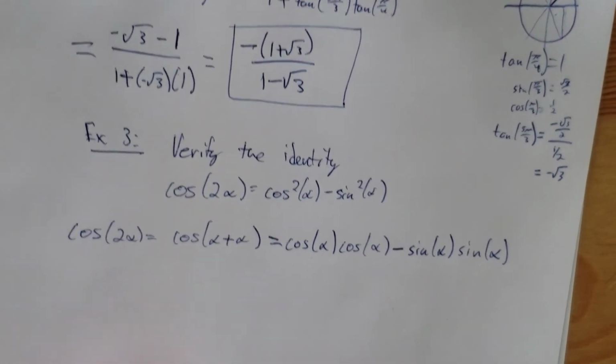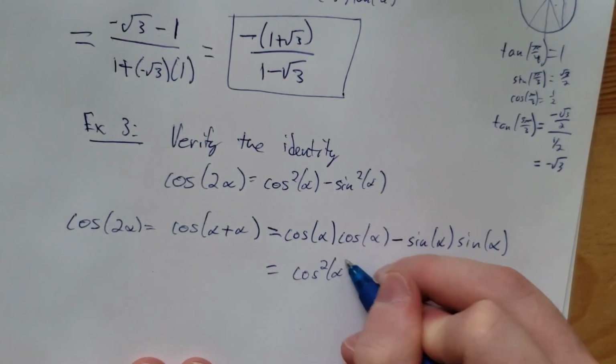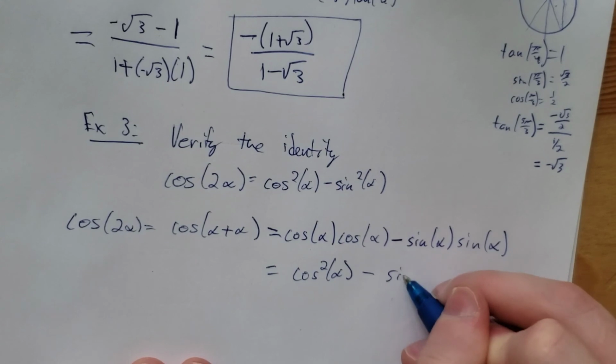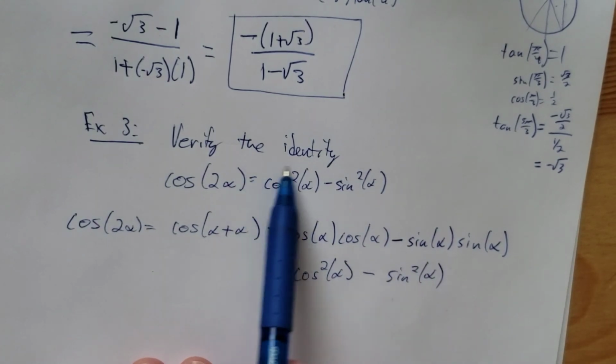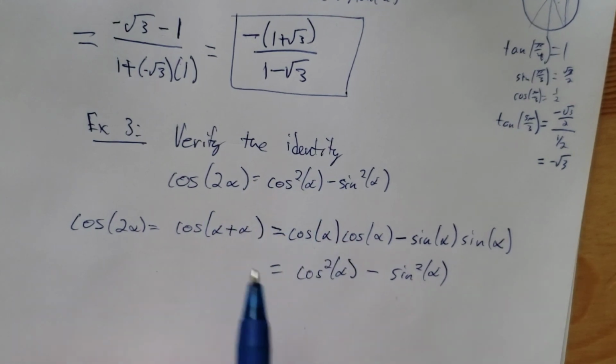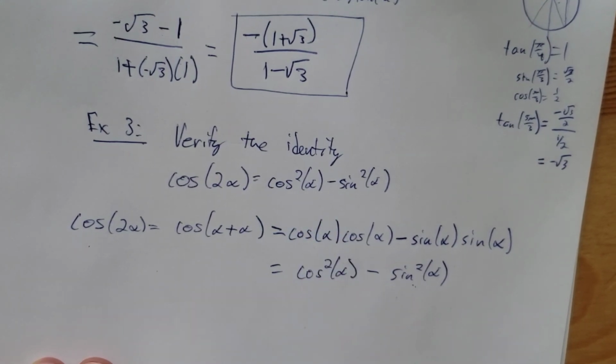And so this is cosine squared of alpha minus sine squared of alpha, which is exactly the identity we wanted to show in the first place. So we started with cosine of 2 alpha, we made a string of equalities until we got to the right-hand side. And that concludes this video.